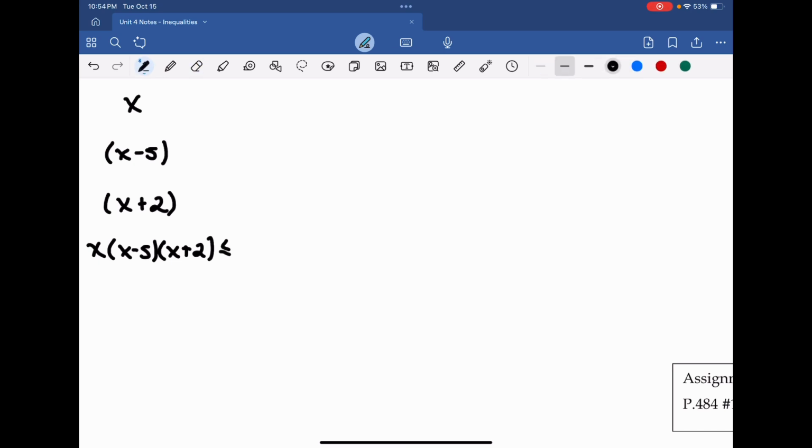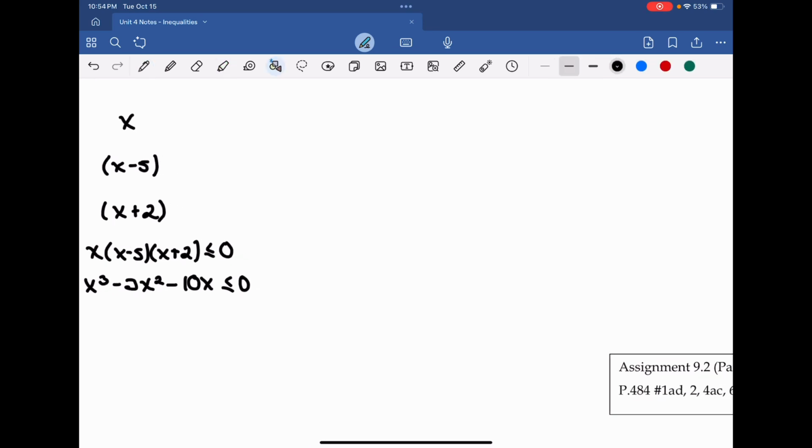It's the opposite direction. The original polynomial was x cubed minus 3x squared minus 10x less than or equal to 0. The reason I like to write both the factored form and the original is that we use the original in the solution, so it's good to just keep track of it.